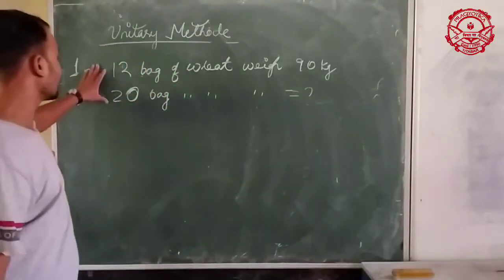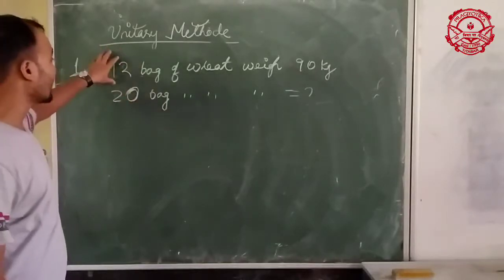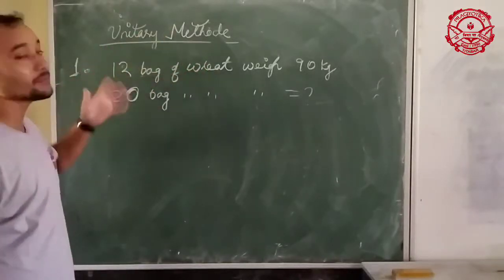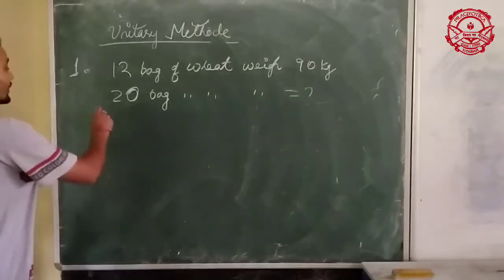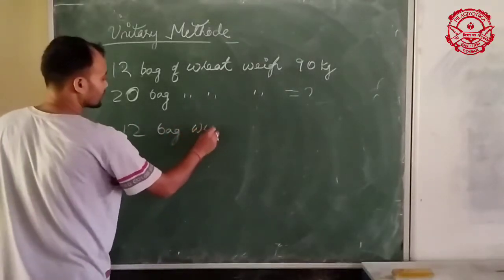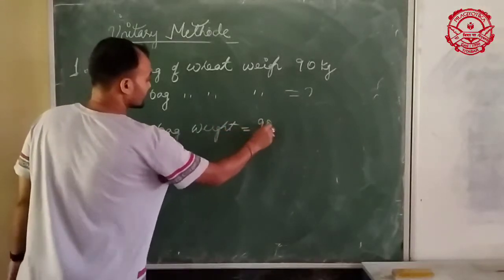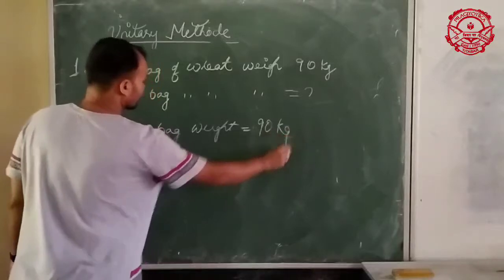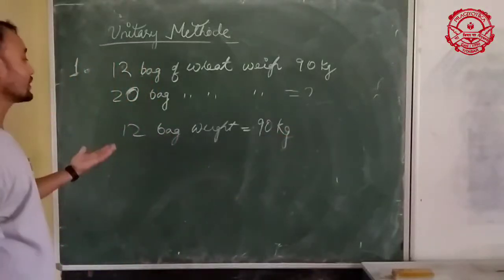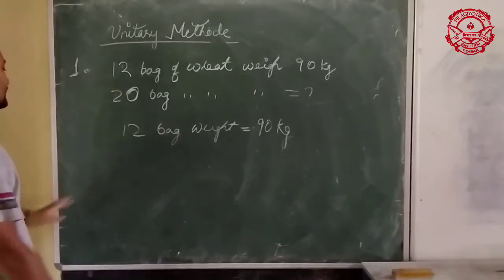Since similar bags are taken in the question, if 12 is 90, how much is 20? The 12 bags weigh 90 kg. If we can calculate the weight of one bag, you can calculate 20 bags, 30 bags, 30.5, any number.